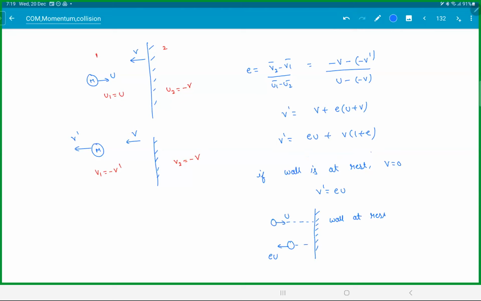There's no need to conserve momentum. Only restitution will get the answer. Because in this case, you know both V1 and V2. So you have data. Check it out.